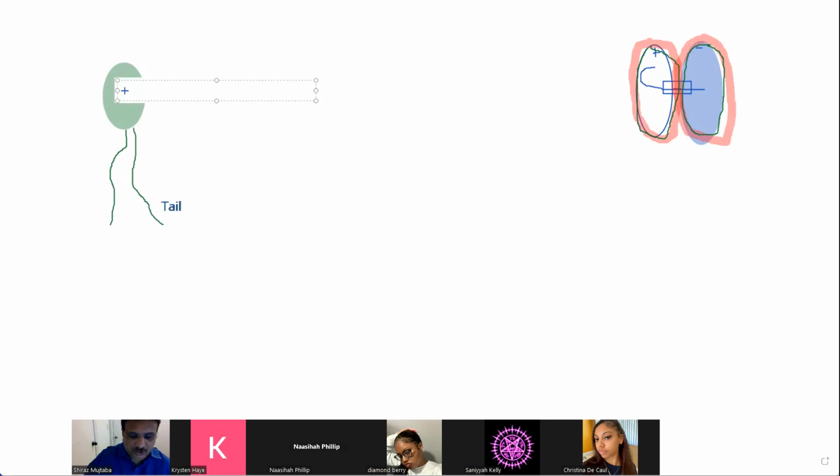It could be a mixed charge of positive and negative. Because of this charge, the head is called polar. In the tail region, there is no charge. This is called non-polar. So the head is polar, and the tail is non-polar.